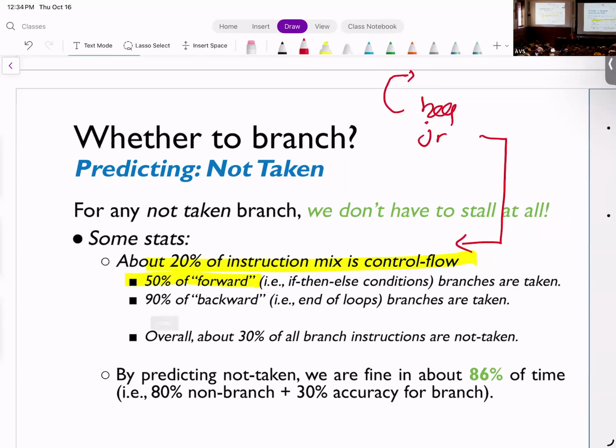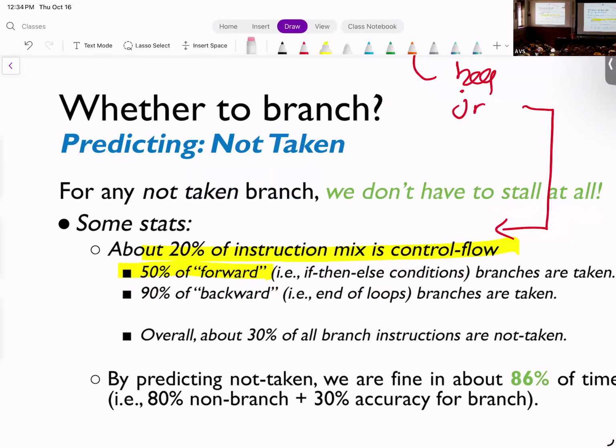Interestingly, out of all the forward branches, 50% of them are taken. Out of backward branches, 90% of them are taken. Think of backward branches as for loops and while loops, right? In a for loop, the majority of your jumps are taken. For example, for i equal to 1, i less than 100, 99% of the iterations are a taken branch.